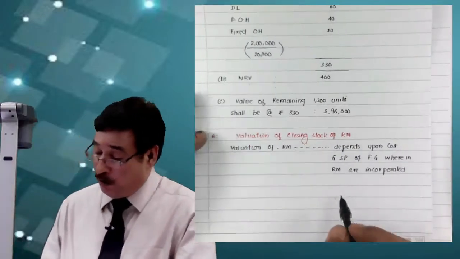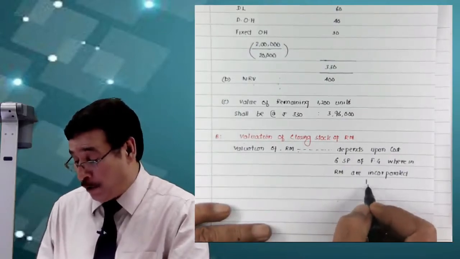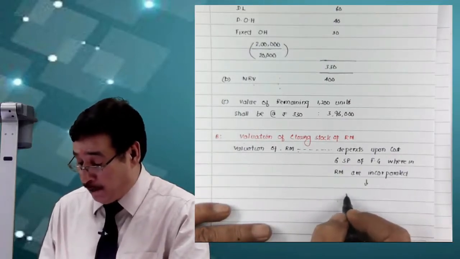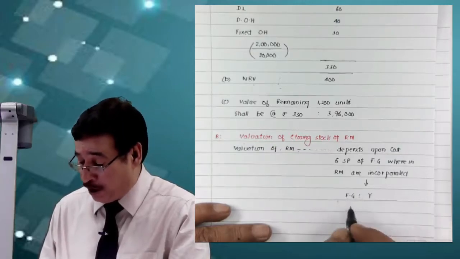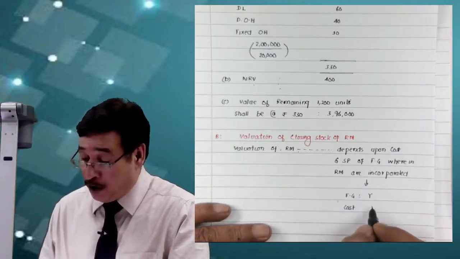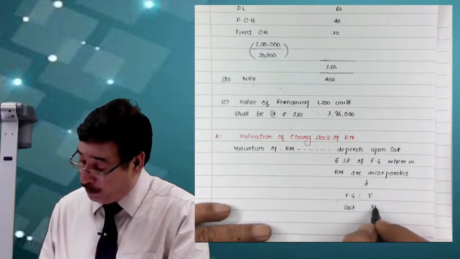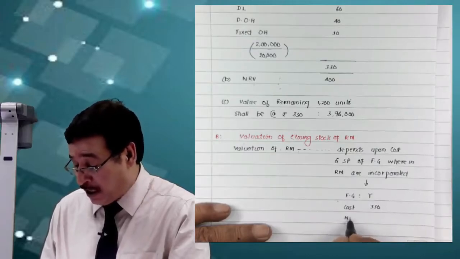Now just have a look. These raw materials are being incorporated in finished goods Y. So we have to take into account the cost of finished product Y. Cost we know is 330. NRV is nothing but selling price.